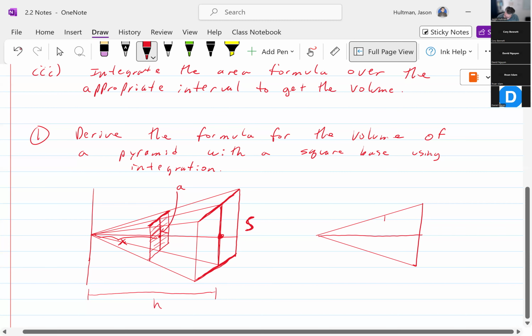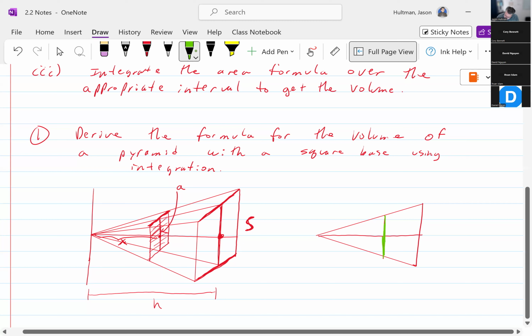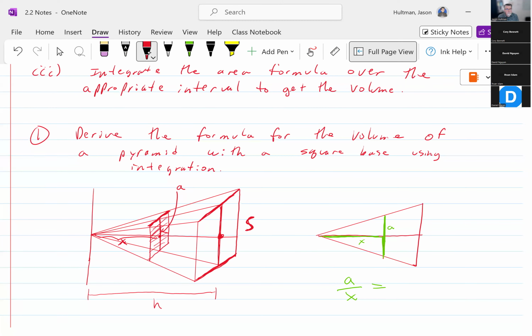So if we look at this guy here, maybe I'll draw it in a different color, we know that this here is A. This here is X. And so A to X is the same as what?